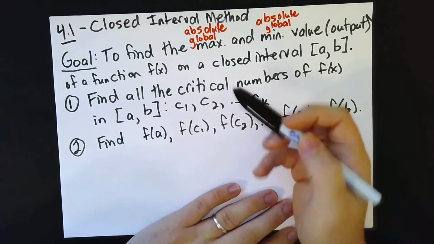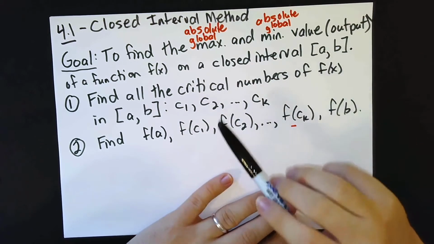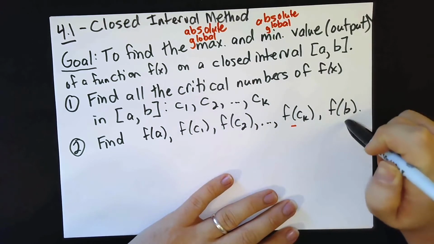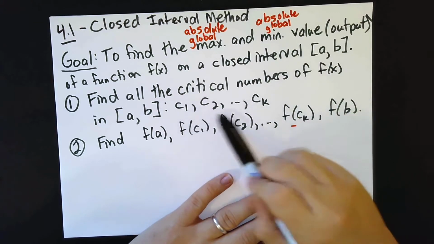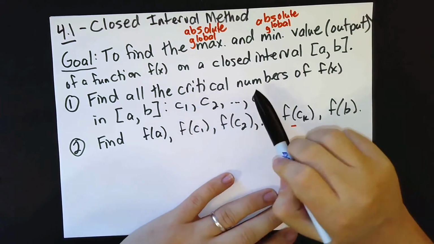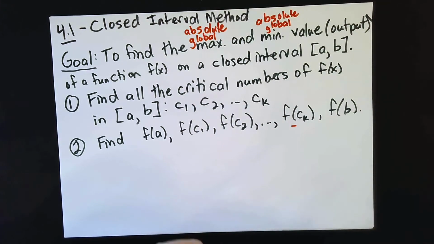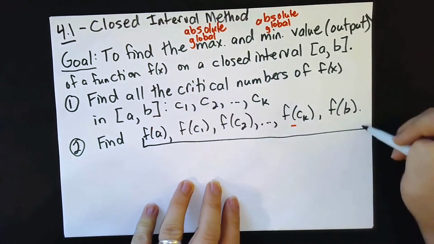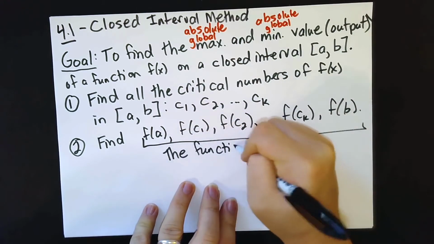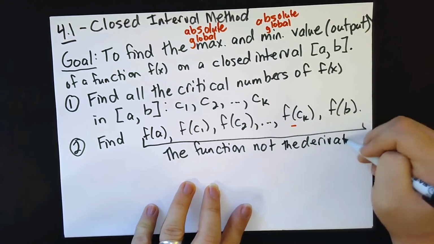And so when you do that, you'll find the value of the function at the two endpoints, A and B, as well as the critical numbers that are in between. I'm going to note these things go into the function, not the derivative.